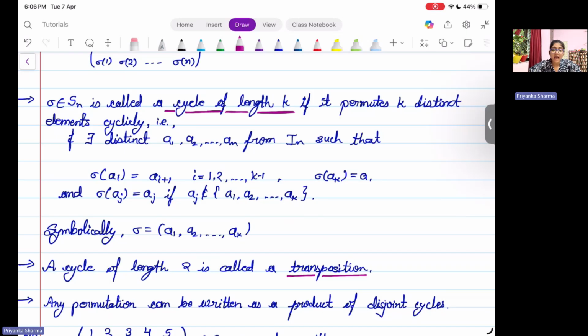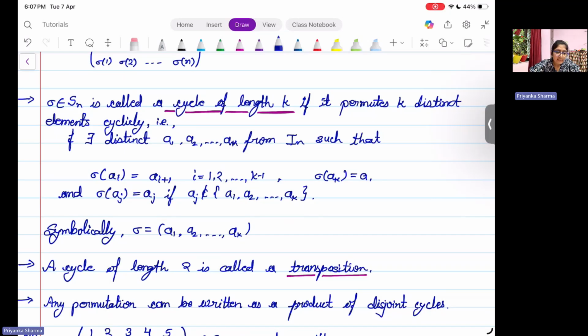That is, we can have a1 up to ak, all distinct elements of In, and sigma of a1 is a2, sigma of a2 is a3, sigma of a3 is a4, and so on. And the last one, sigma of ak, is mapped onto a1, following the rule of cyclicity here.